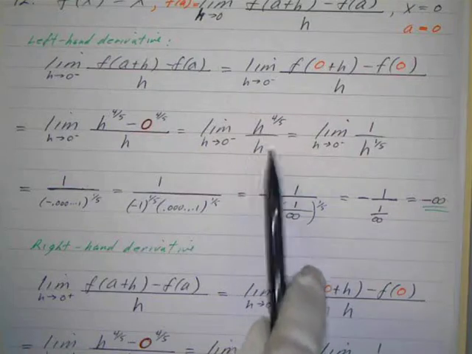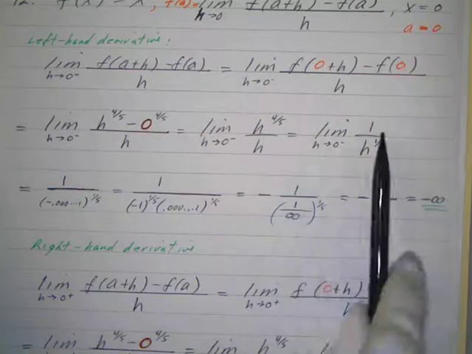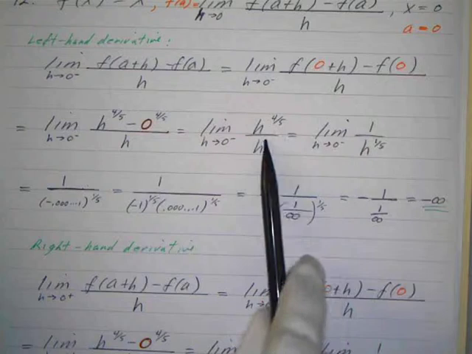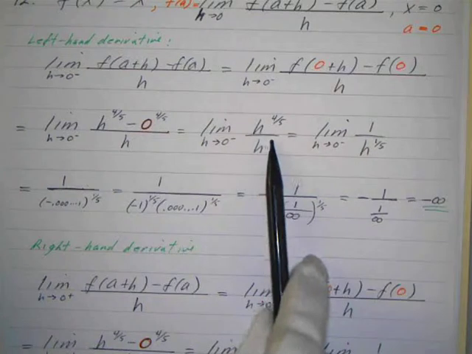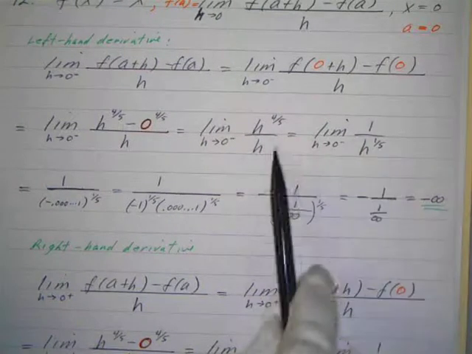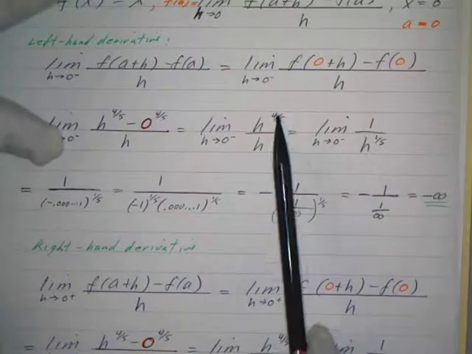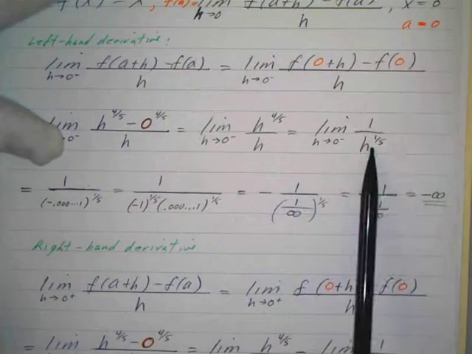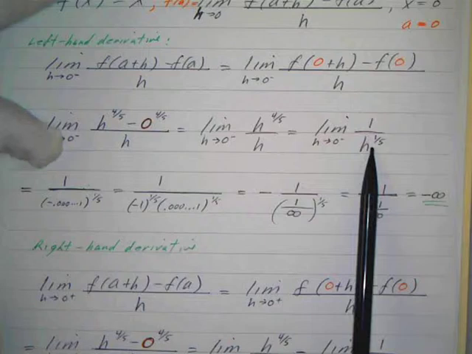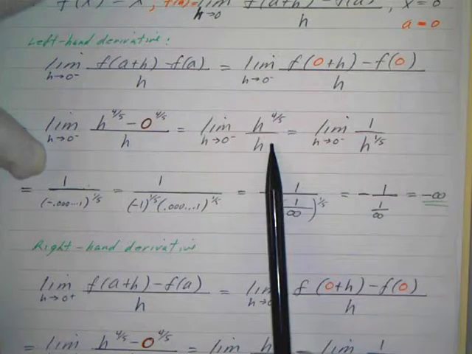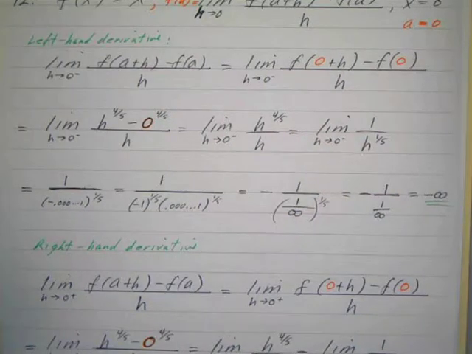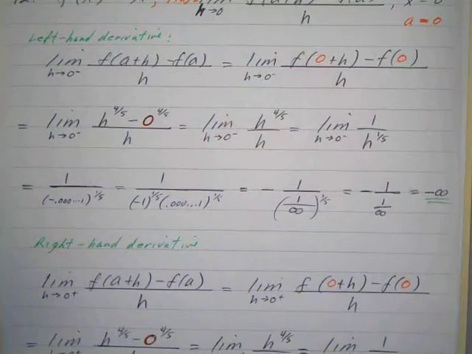So h times h to the negative 4/5 means I would add, so that'd be 5/5 minus 4/5, which is 1/5. So I can put this down the bottom. I hope that doesn't confuse you by skipping that step. So I put this down the bottom, and that ends up being h to the 1/5. Does everybody get that? This would be h to the minus 4/5. So we've got that.